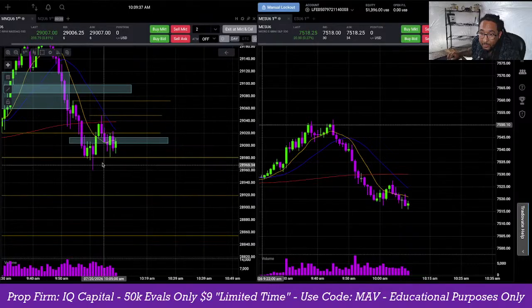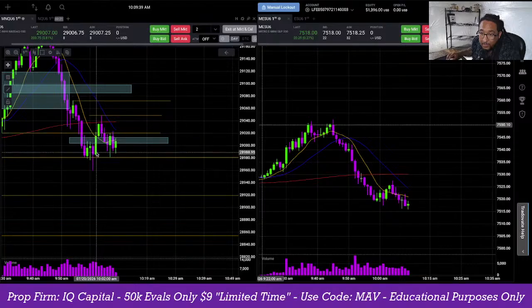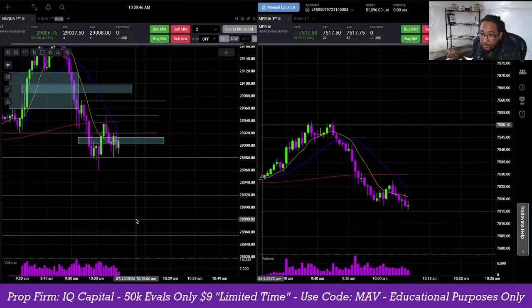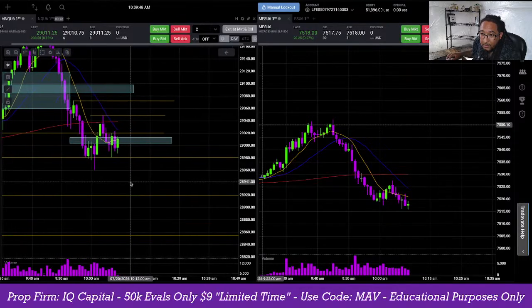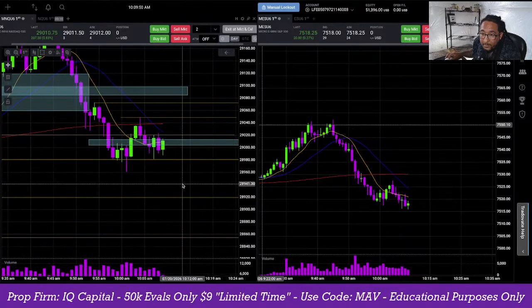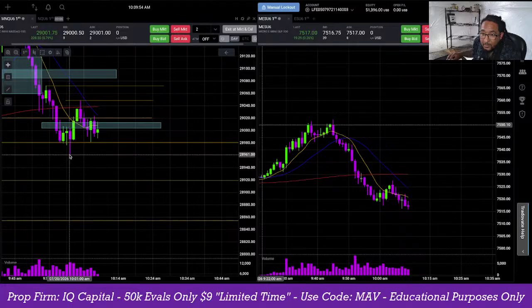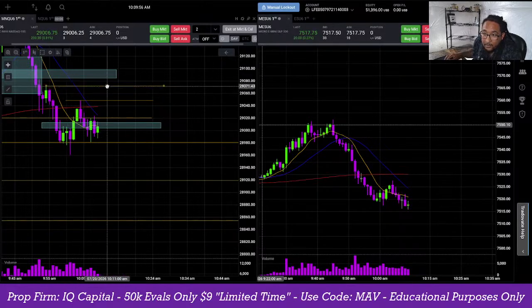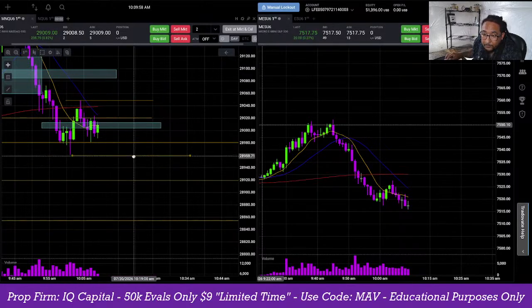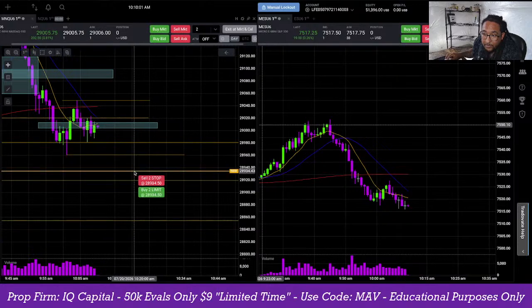If we break below here, then this will be a nice bearish order block, indicating lower prices. So let's see where we're going. I still like this low right here, honestly. I still think we're going to sweep that low.